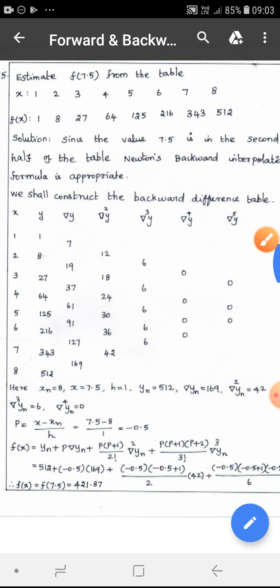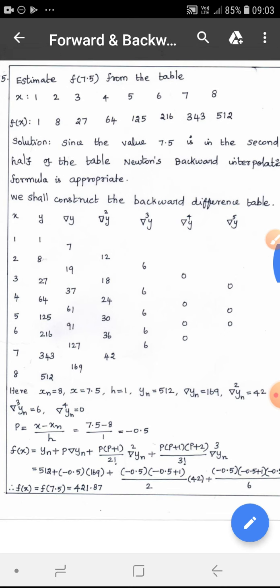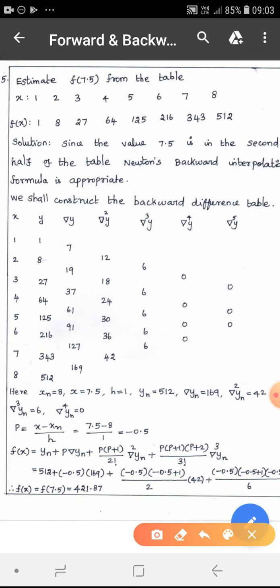These are the entries of first order backward differences. Then second order differences or second order backward differences, also denoted as del square y. To calculate that, you look at the entries of the first order differences. In that you calculate succeeding value minus preceding value.